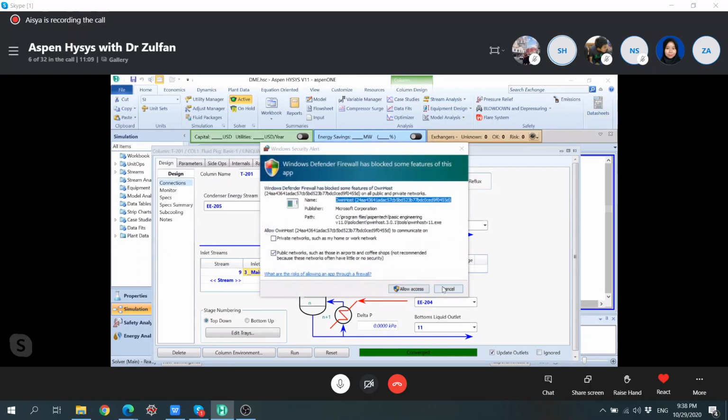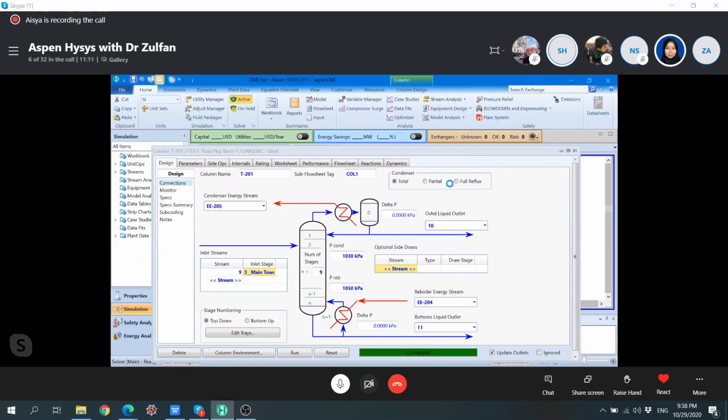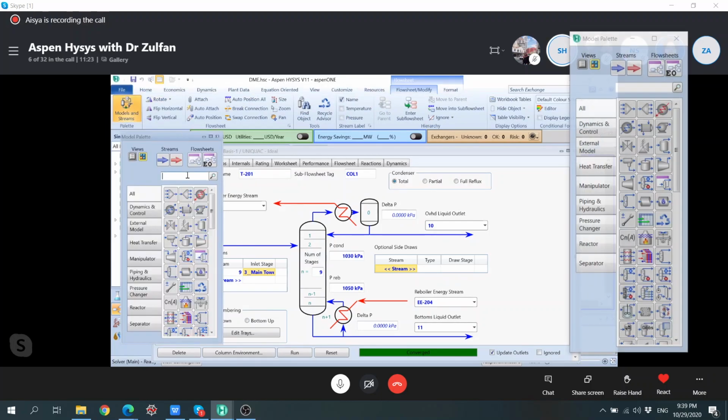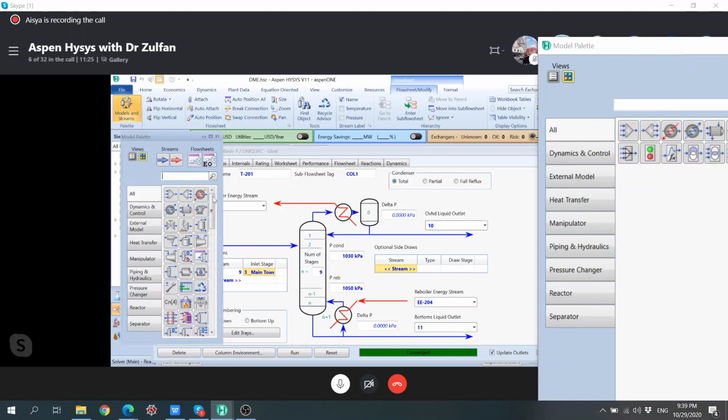No, it's different. Calculator, no, in the palette. Oh, the palette. Yeah, that one, next to that range, in between range. Spreadsheet.